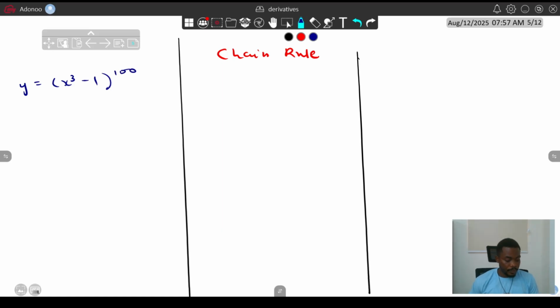So what we can do is, if we have such a function, we let u be equal to x cubed minus 1.